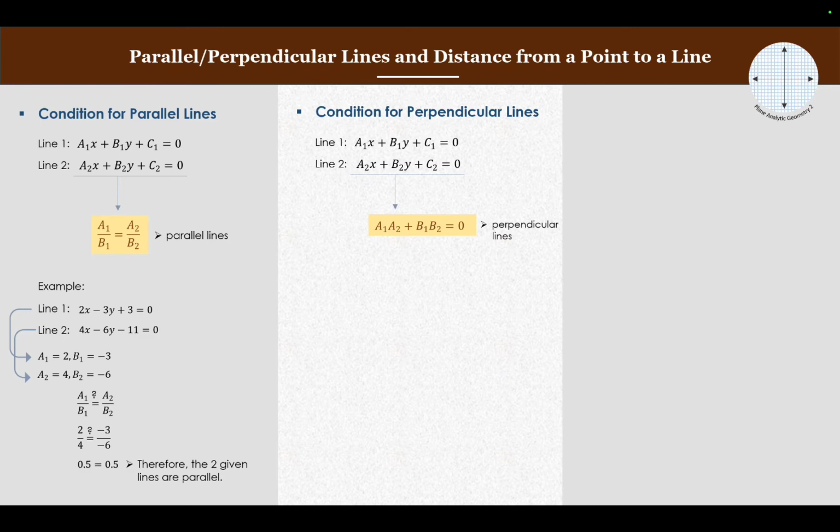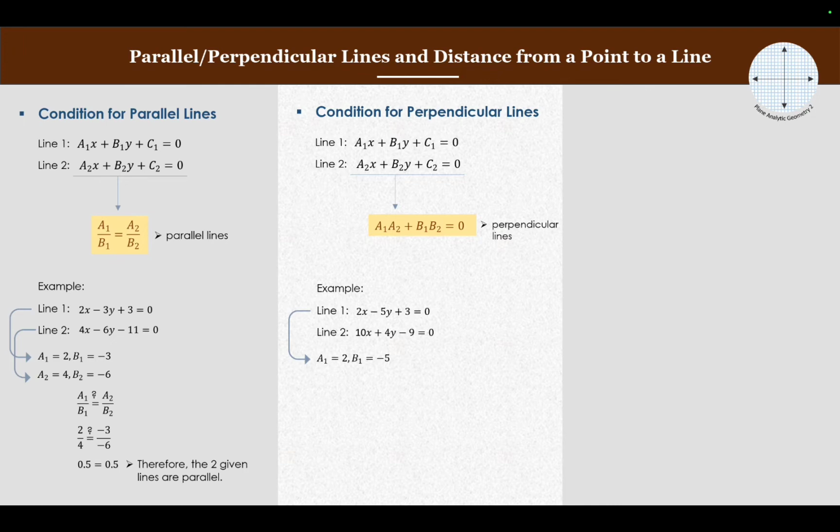So let us have an example. For line 1, we have 2x minus 5y plus 3 is equal to 0. And for line 2, we have 10x plus 4y minus 9 is equal to 0. For line 1, our a sub 1 is 2 and our b sub 1 is negative 5.